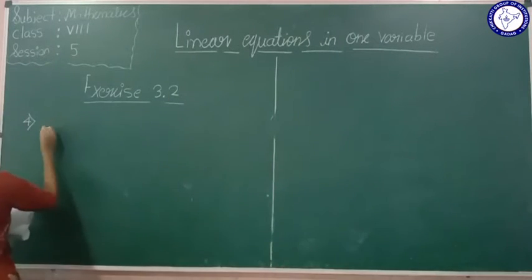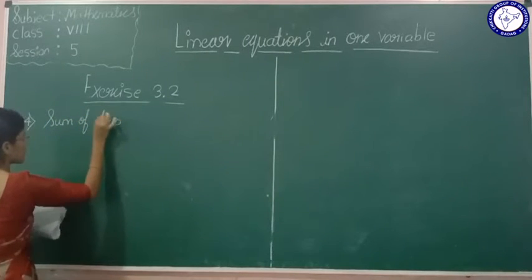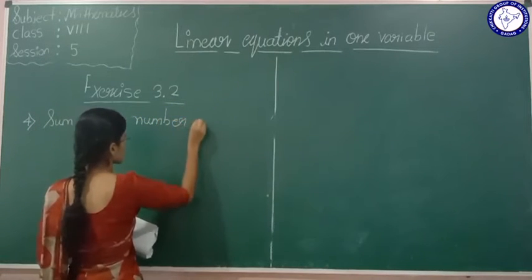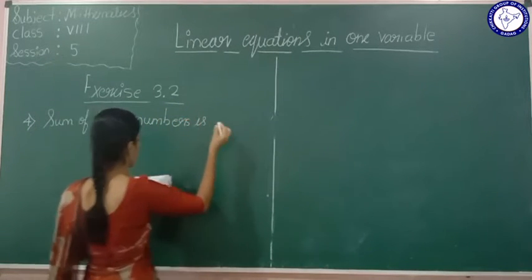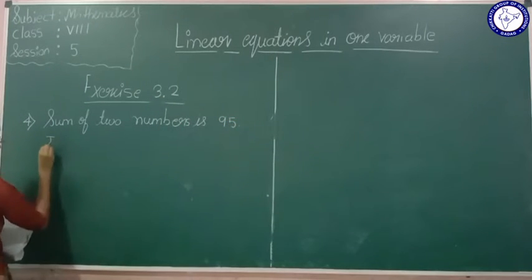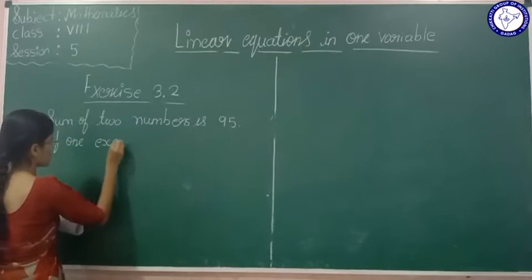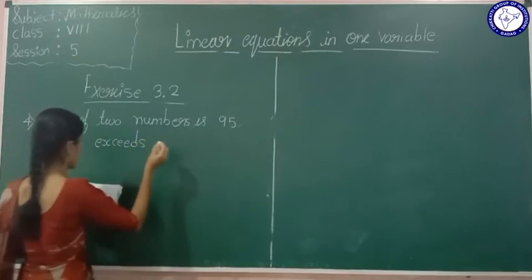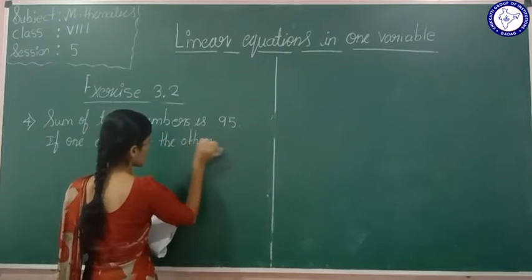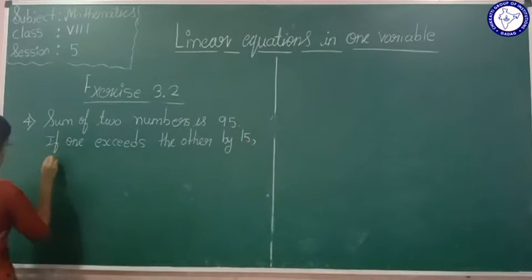Say fourth one: sum of two numbers is 95, if one exceeds the other by 15, find the numbers.